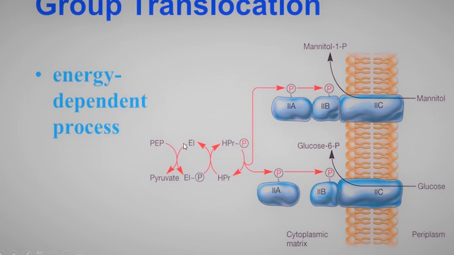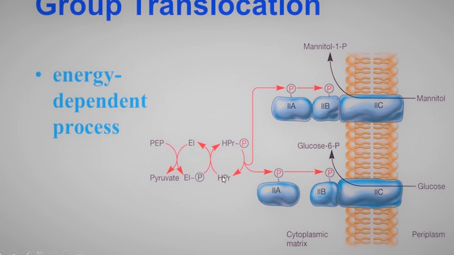Now enzyme 1 is getting excited because of having the energy, and it moves that phosphate group to the HPr protein. After transferring the phosphate to the HPr protein, the enzyme again goes into its normal state of enzyme 1.